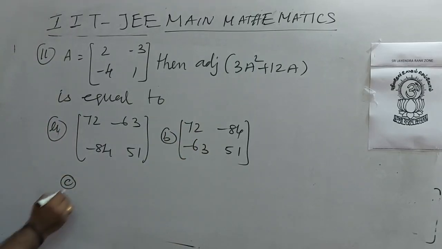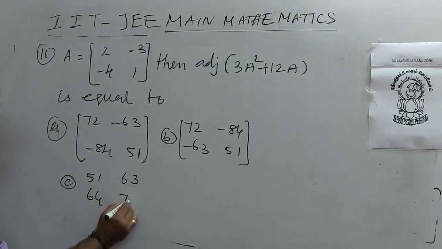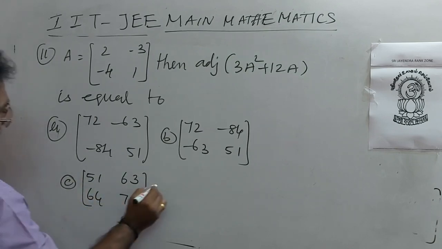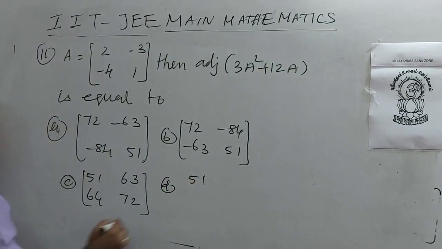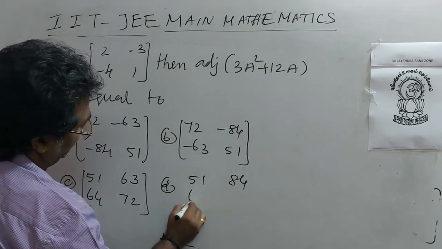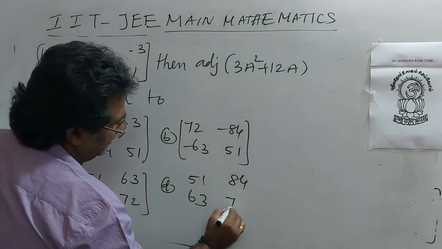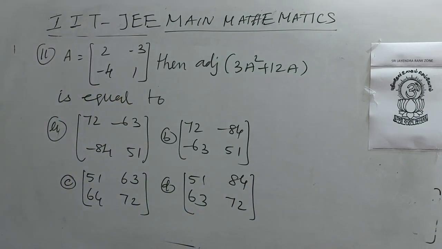Option C, 51, 63, 84, 72. Option D, 51, 84, 63, and 72.